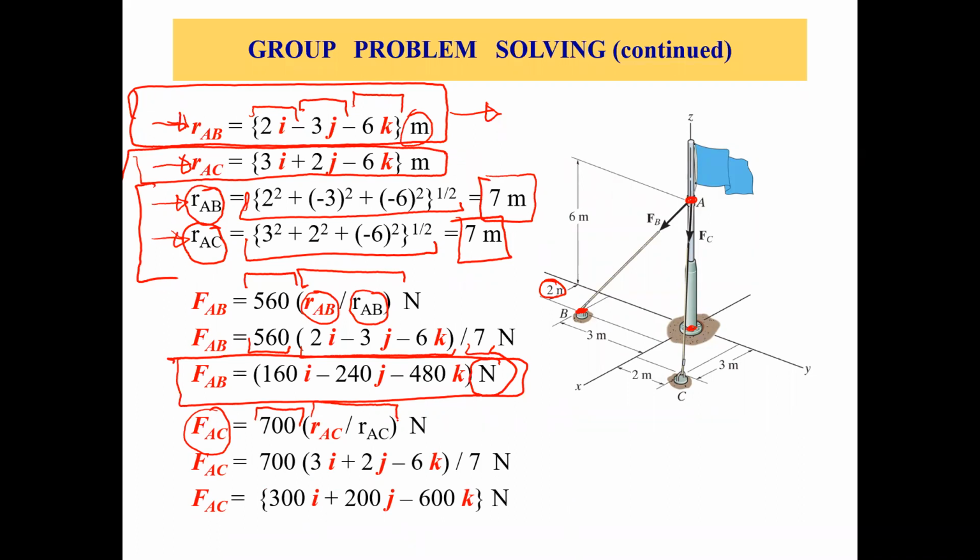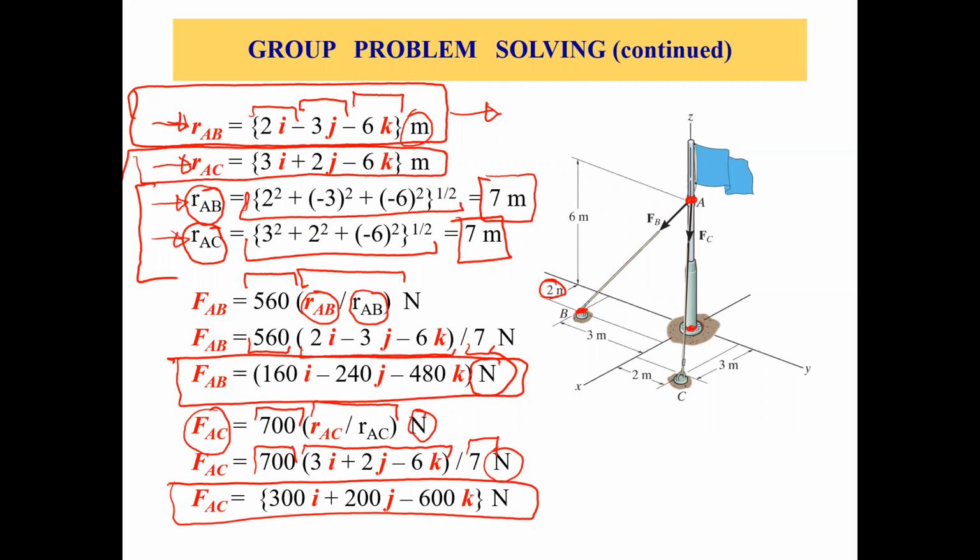UAC is the RAC vector divided by the magnitude RAC, and of course, newtons. Just put in the values: 700 times 3i plus 2j minus 6k, which is the position vector RAC, divided by 7, which is the magnitude, and newtons. Simplify this and you'll get FAC equals 300i plus 200j negative 600k newtons.